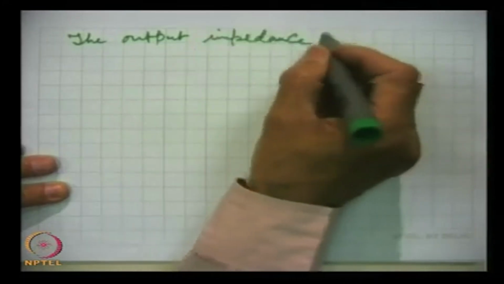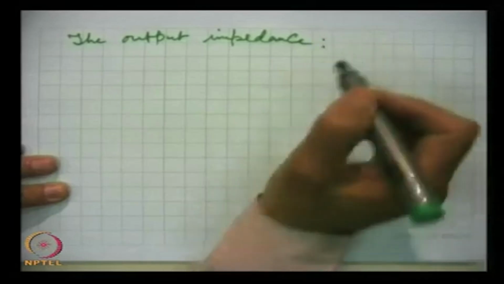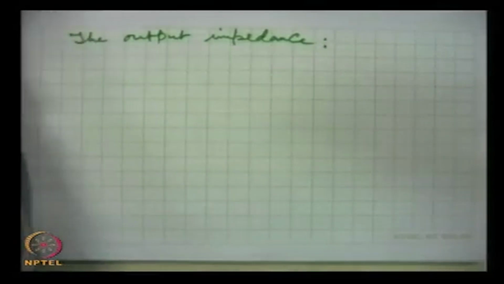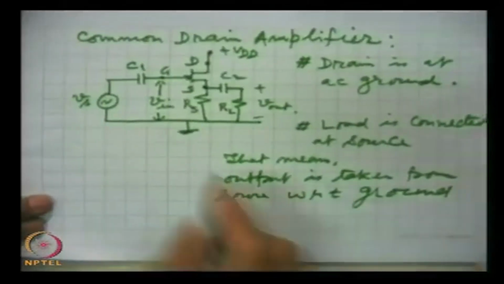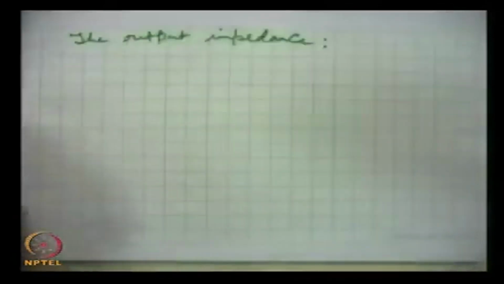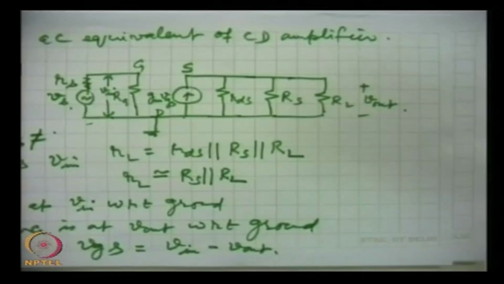The output impedance. Look at this circuit. This was the common drain amplifier. Now here and its equivalent we draw here. Now as a rule, whenever output impedance is to be measured, then we disconnect RL.